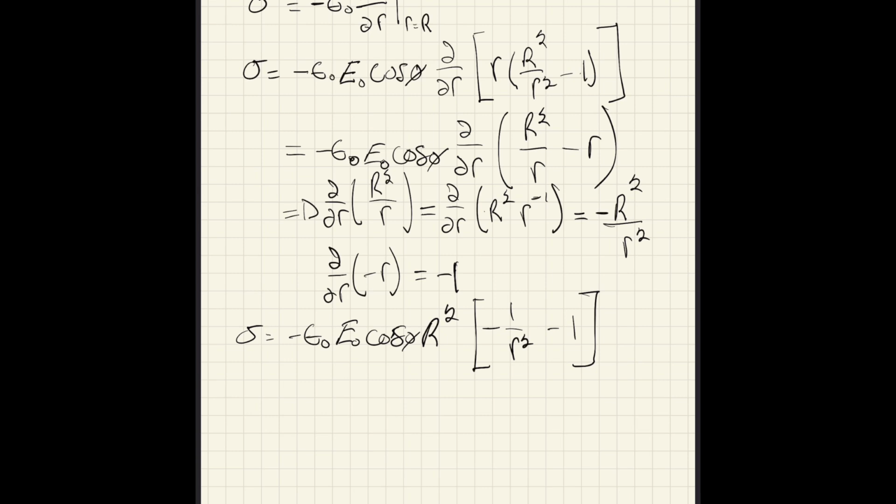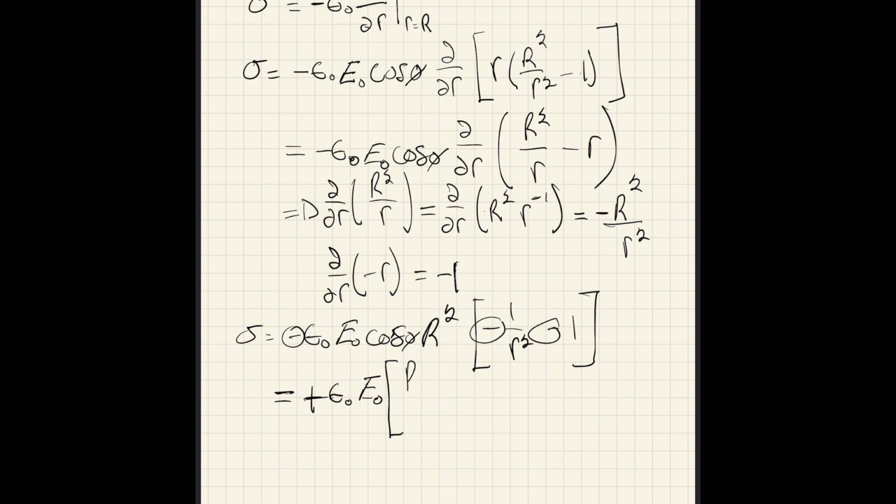Okay, so let's do it this way. Let's write it as, so this equals minus epsilon naught e naught. Let's move the r squared back in, and then let's put the cosine out front. We can factor out the minus signs from here, and then that will cancel the minus sign out there. So this will just be a plus.